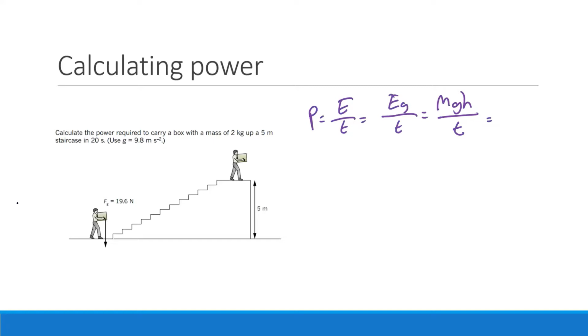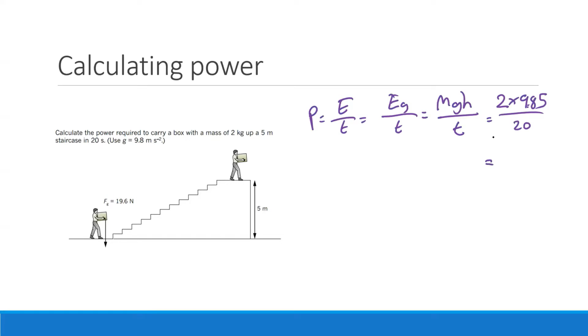But you can maybe think of it another way. So m, the mass, is 2 kilos, times gravity, which is 9.8, times the height, which is 5, all over the time, which is 20 seconds.